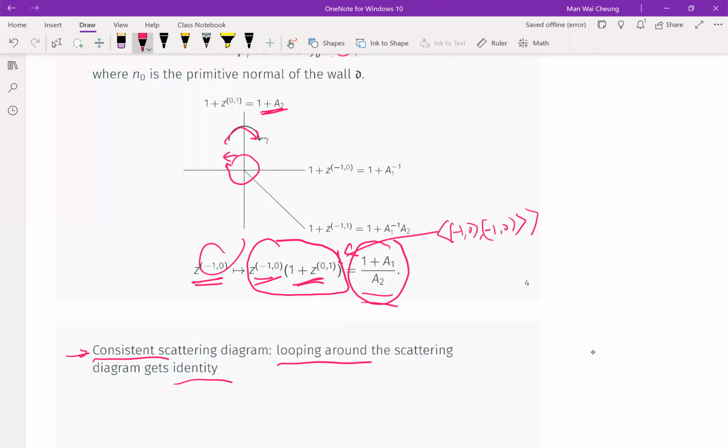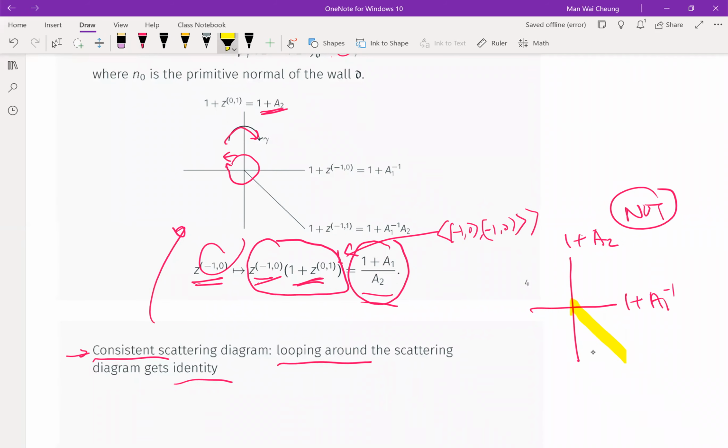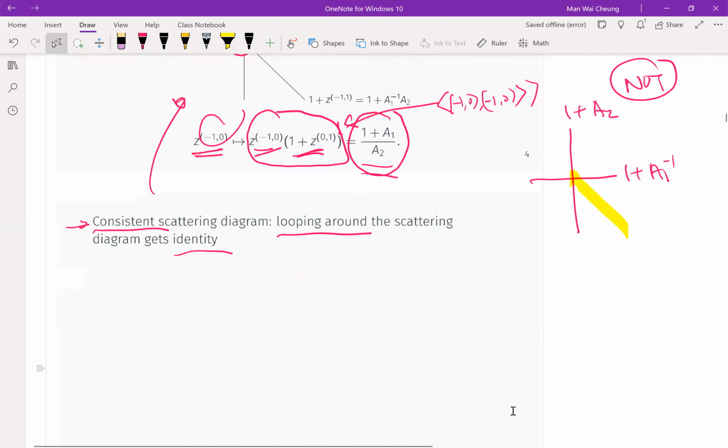This is a consistent one, but an example we are going to see is we can start with something like this. This is a scattering diagram as well, but not consistent. And the construction is we need to add this extra wall here to turn it into a consistent scattering diagram.